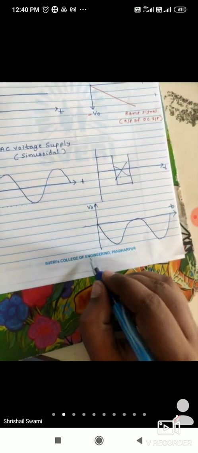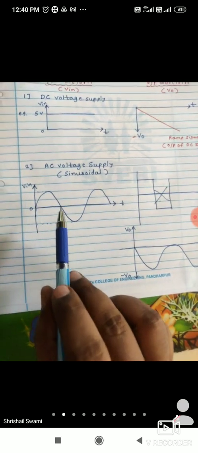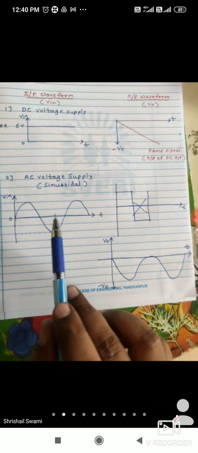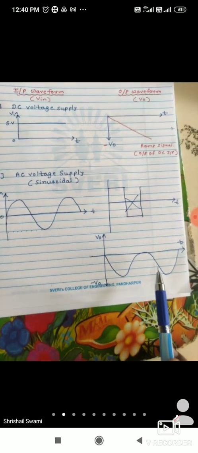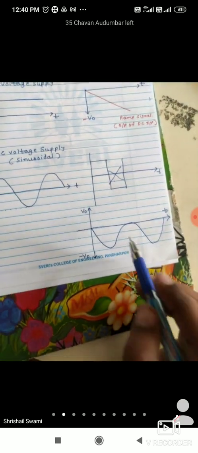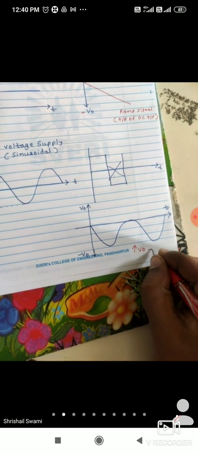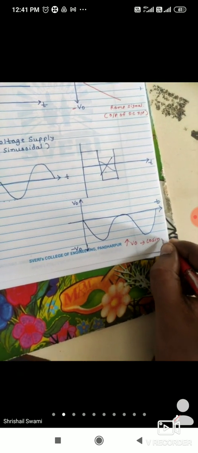This is positive V0. This is negative V0. So this is the sinusoidal sine function, and at the output we are getting cosine. The integration of sine is nothing but minus cosine. So minus cosine you are getting here. So this we can give as V0 as a cosine waveform.